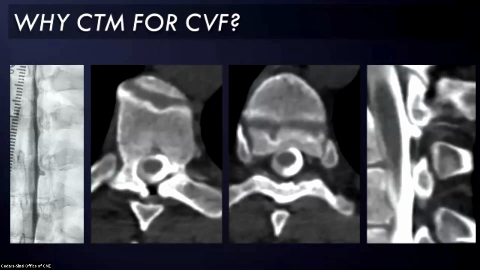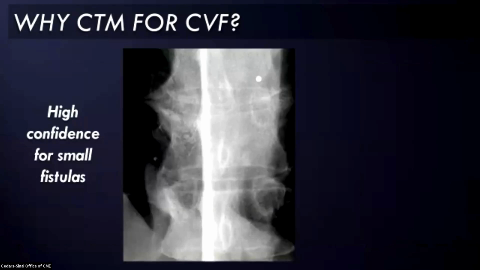On the unsubtracted images, it was very difficult to see, but on the CT images, what you can see is a little bit of contrast here in the internal epidural venous plexus. You can see some contrast coming out in some muscular branches. And then on the coronal reformats, you can see it again in the internal epidural venous plexus. For me, that's just a little easier to see than looking at this digital subtraction myelogram.